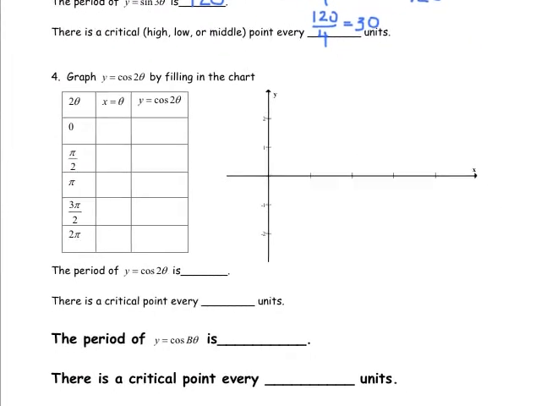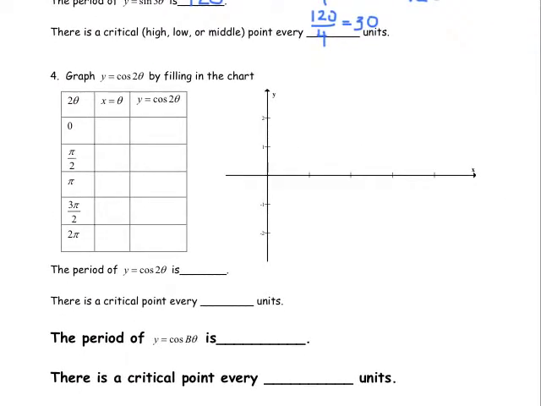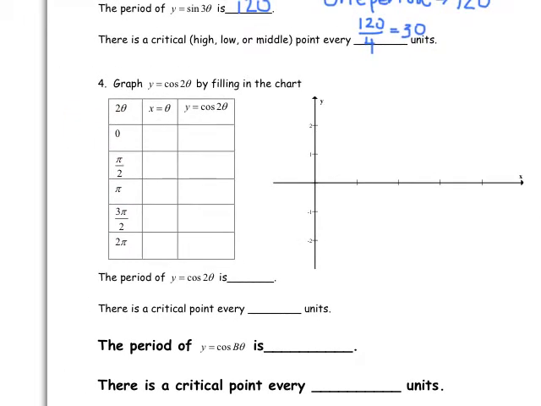Okay, so let's do a cosine one. So again, these are the normal critical points, but if we take those critical points of 0, pi over 2, pi, 3 pi over 2, and 2 pi, and now we're saying that's going to be 2 times what theta should be. So 2 times theta is 0.